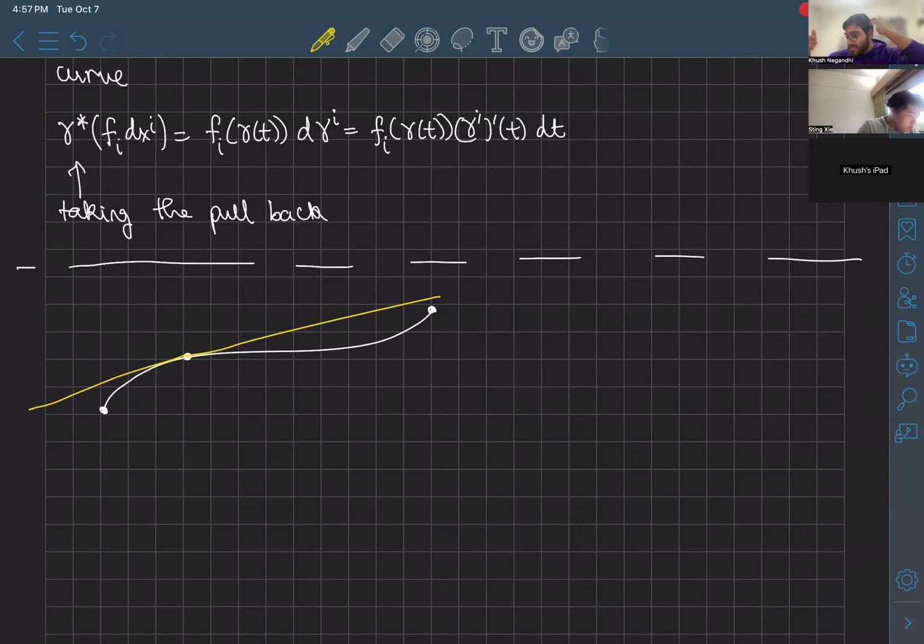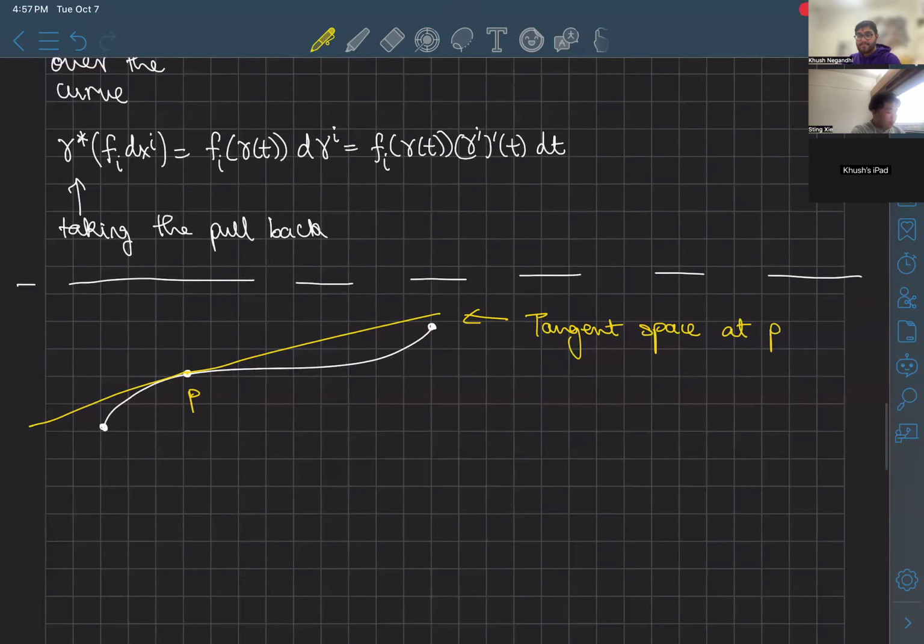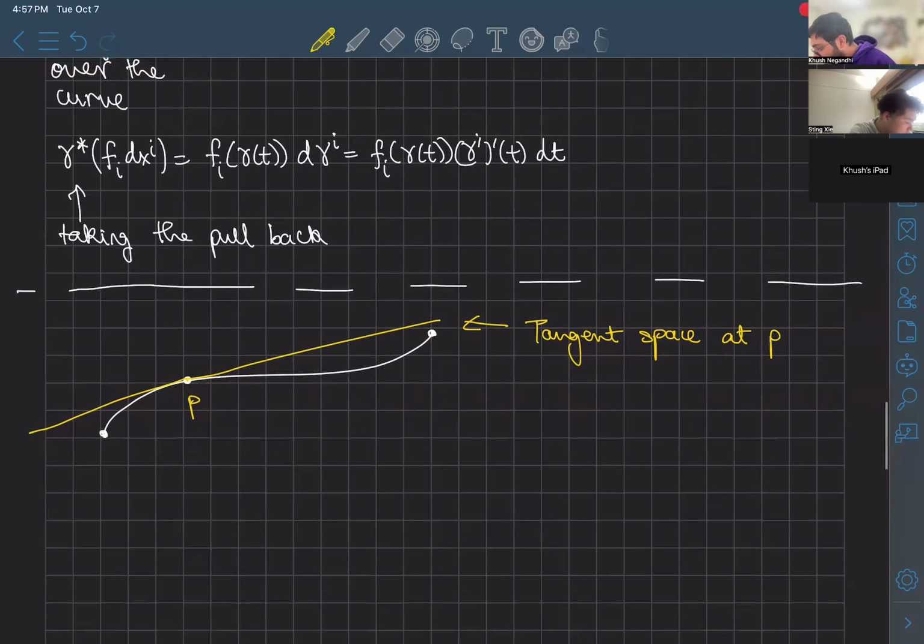I can't have any velocity that's not on this yellow line, because if I did, I'd deviate from the curve. We'll formalize this, but this is called the tangent space at, let's call this point P, at P. So it's the tangent space at P of C. C is our curve, P is a point on the curve, and the yellow line is the tangent space at that point. Does that make sense?